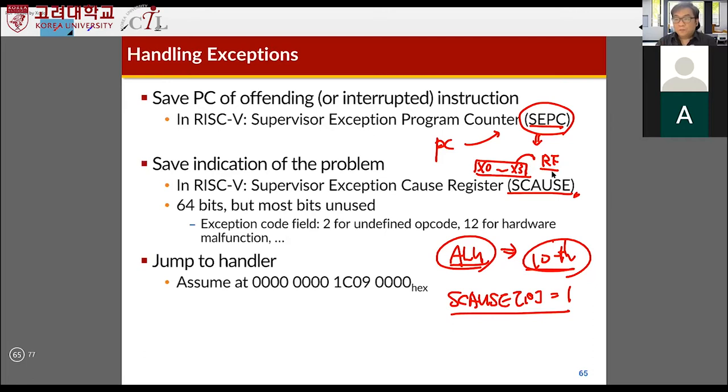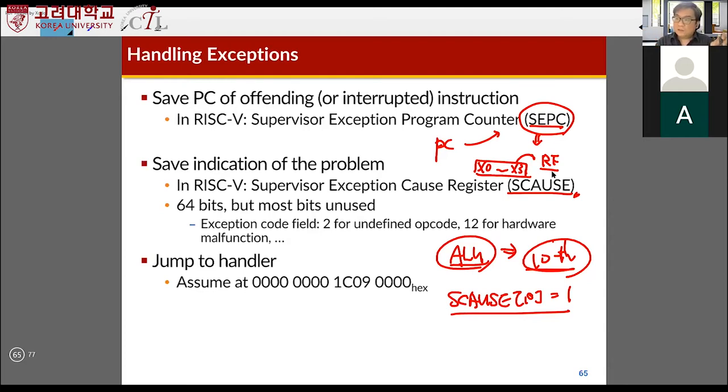But for handling exceptions, this is the rare case. So this return PC, this program counter data, is stored in a specific register called SEPC. Also, the computer processor needs to know why the exception happens in the processor.